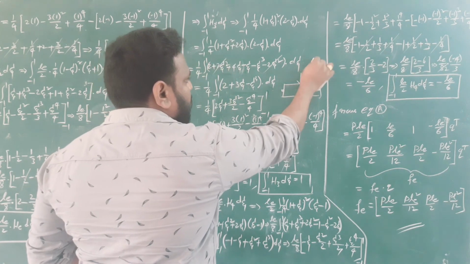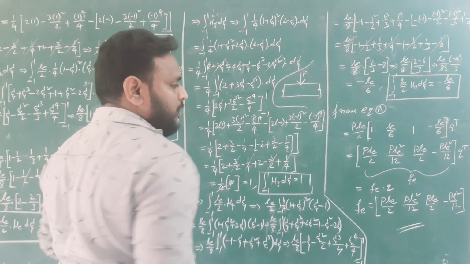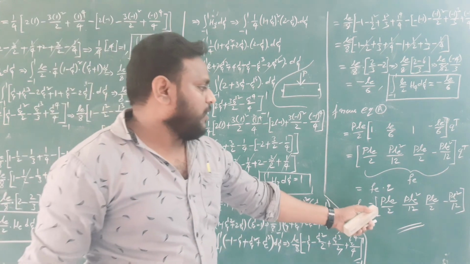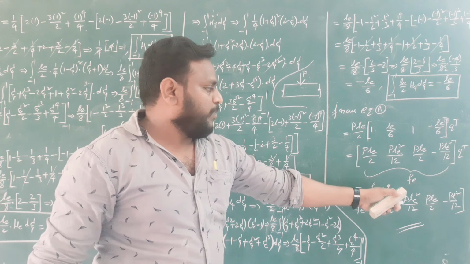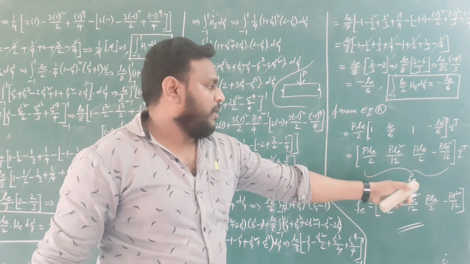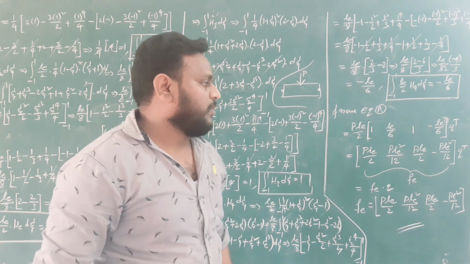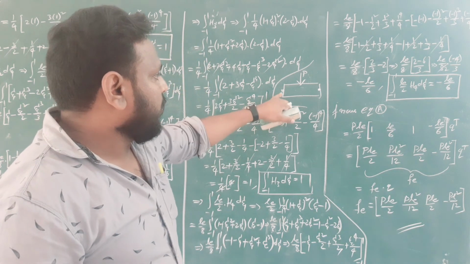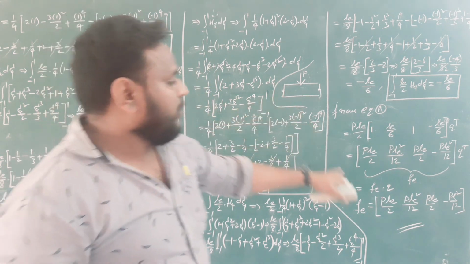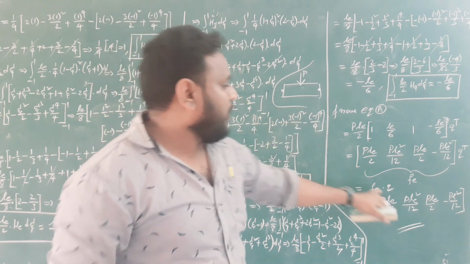We get the force vector P LE by 2, P LE square by 12, and P LE by 2, minus P LE square by 12.